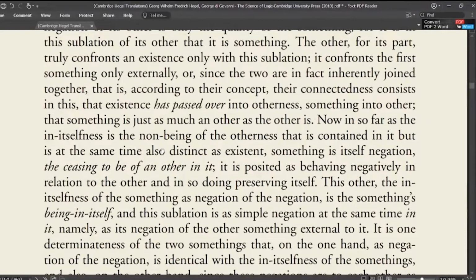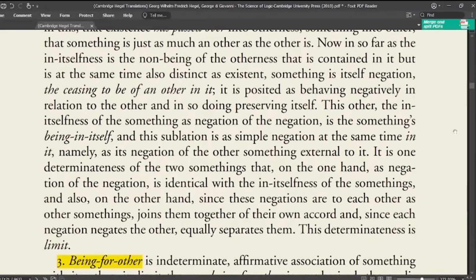Now, insofar as the in itself is the non-being of the otherness that is contained in it, but is at the same time also distinct as existent, something itself, negation, the ceasing to be of an other in it. It is posited as behaving negatively in relation to the other, and in so doing preserving itself. This other, the selfness of the something, is negation of the negation, is something's being in itself, and the sublation is a simple negation at the same time in it, namely as its negation of the other something external to it.